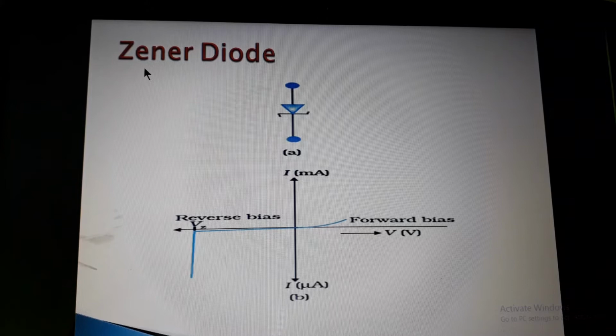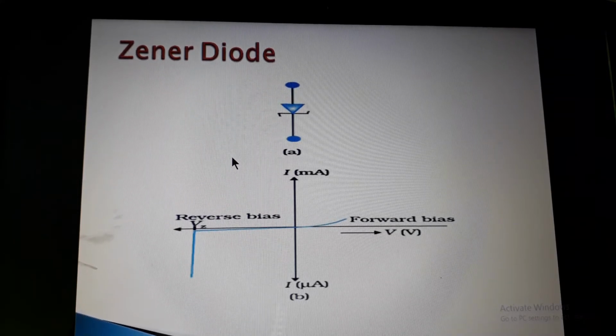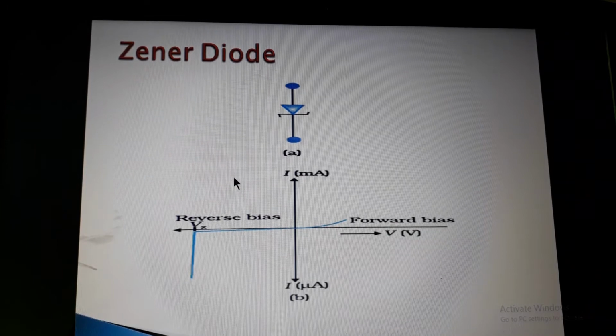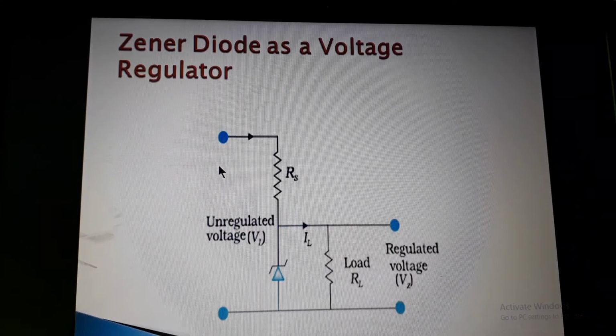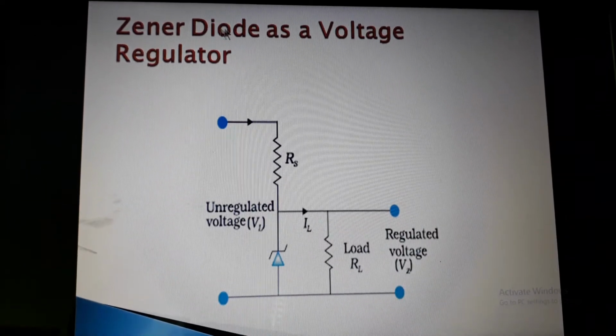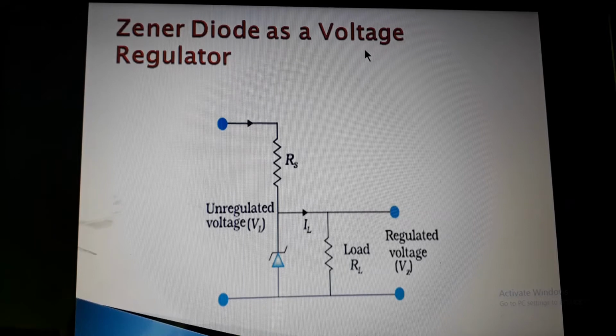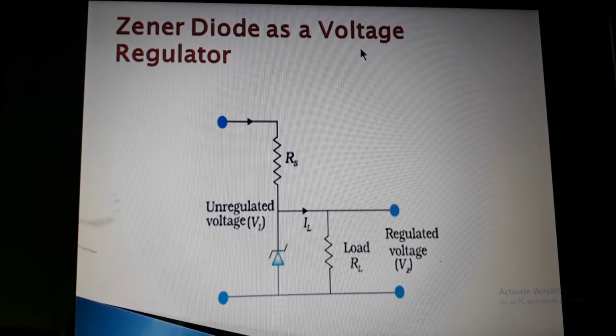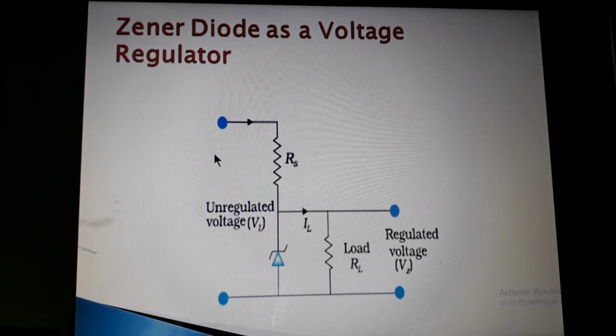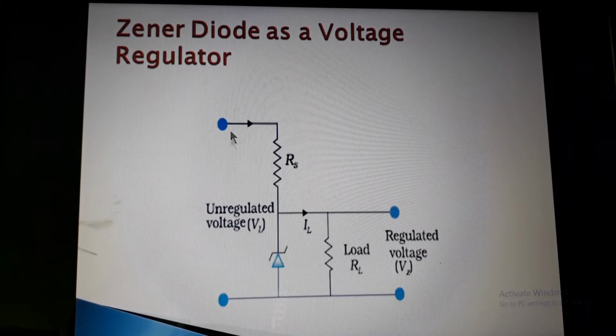For this purpose the Zener diode is used as a stabilizer, or you can say as a voltage regulator. So the application of the Zener diode is the Zener diode as a voltage regulator. Just see, this is the input, the unregulated voltage.